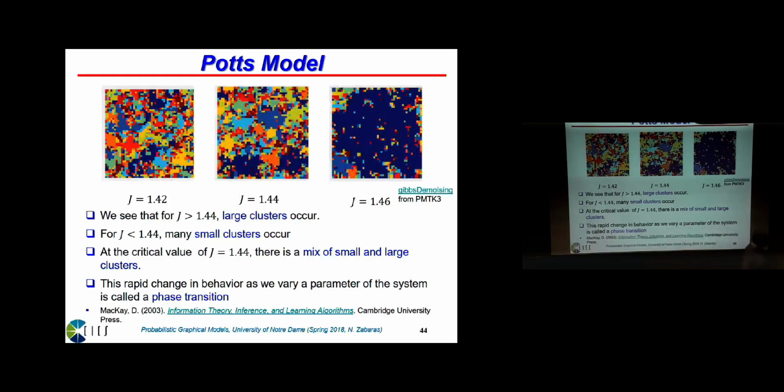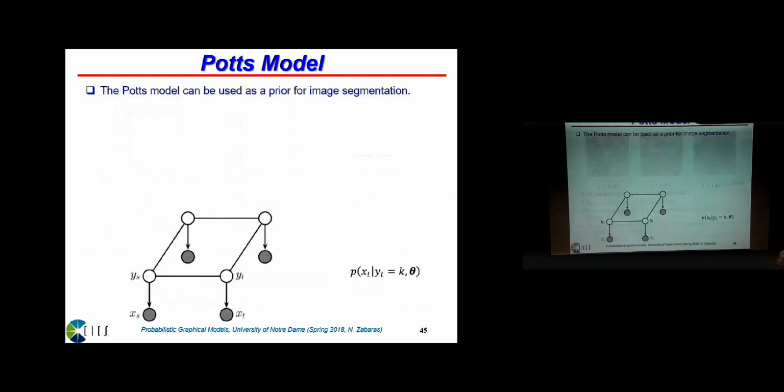So it's not just black and white, but different colors. I think if you click this little library from Kevin Murphy's toolbox, you will see what's the corresponding K for this problem.